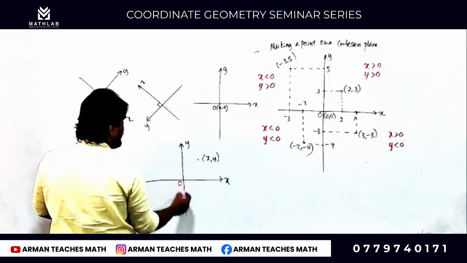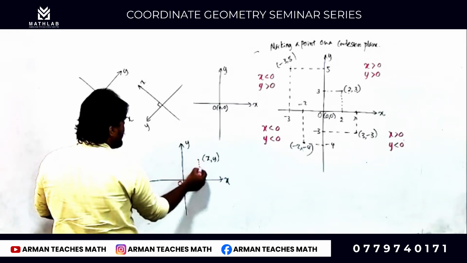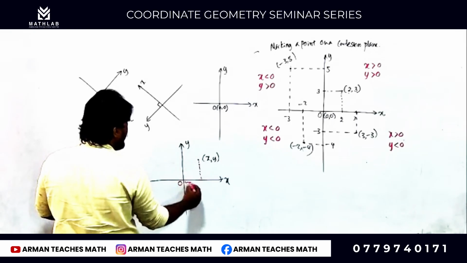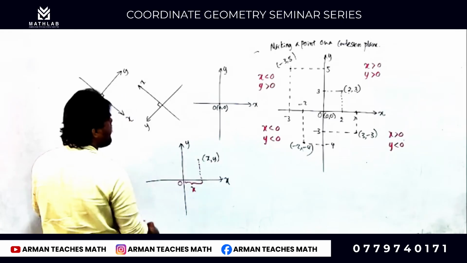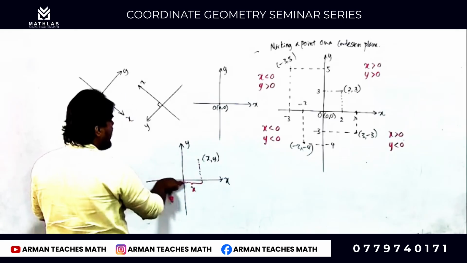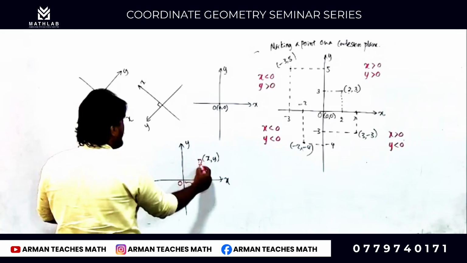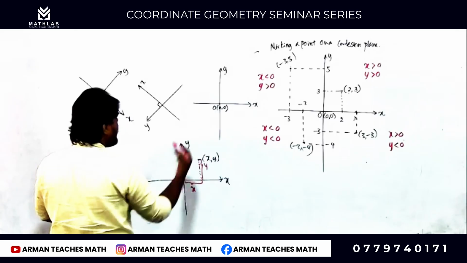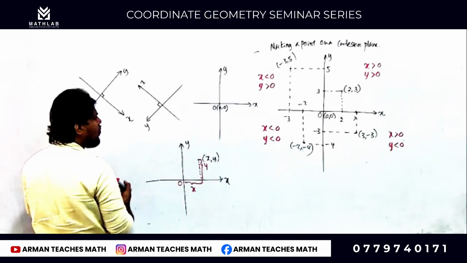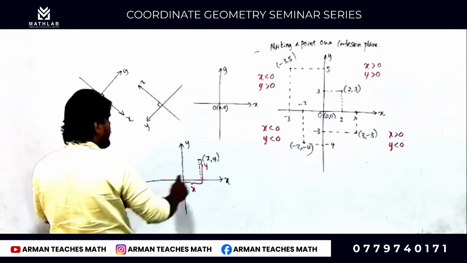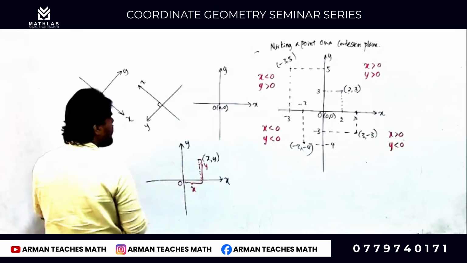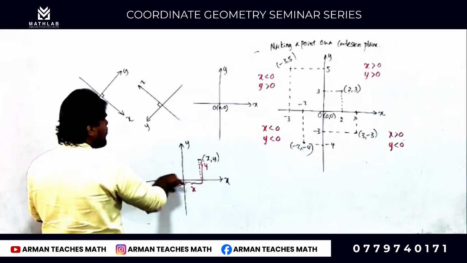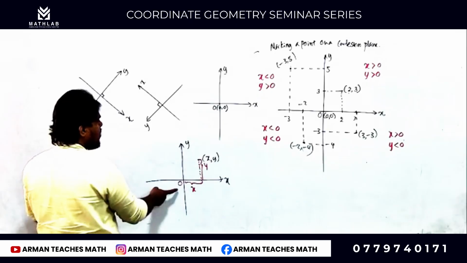From the origin to this point, the horizontal distance is x. From the origin level to this point, the vertical distance or vertical length is called y. So the y coordinate gives you this height, and the x coordinate gives you this length or horizontal distance from the origin.